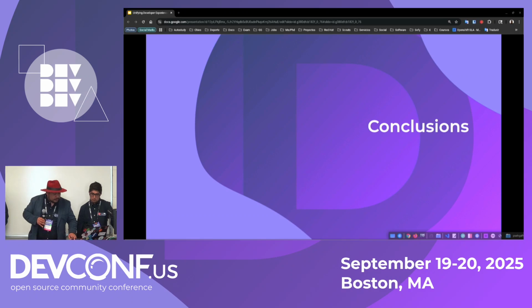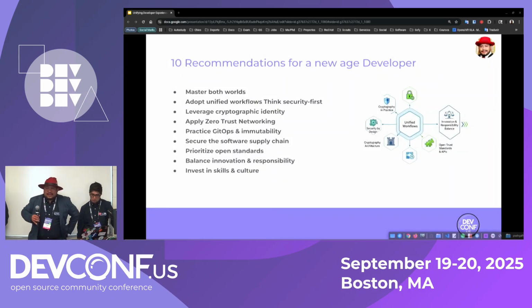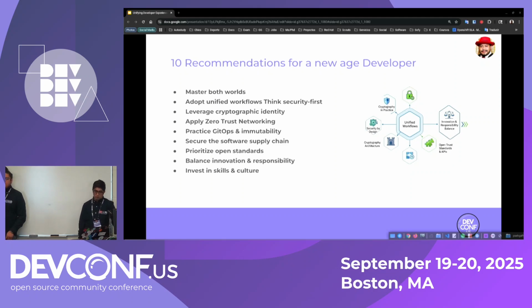Then we have all of these recommendations for a new age developer. We recommend that if you want to be a good developer in the new era, start practicing GitOps and DevOps. GitOps is the new strategy to deploy full infrastructure, a full workspace for your application.